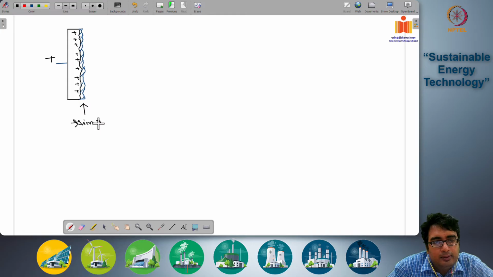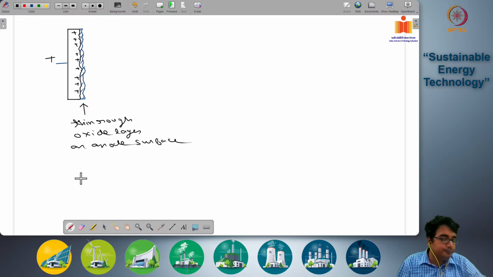thin rough oxide layer on anode surface. Okay. So, because the presence of the oxide layer makes the surface quite rough of this anode, the relative contact area of the dielectric with the metal surface increases.